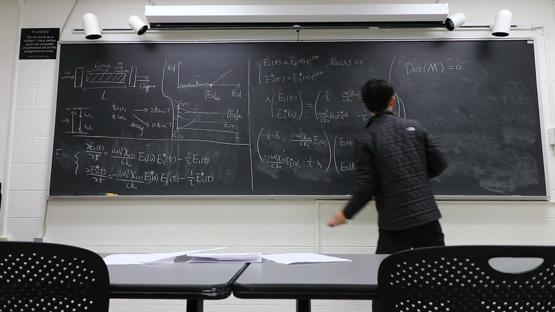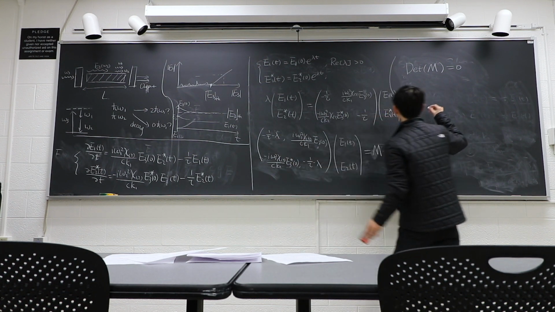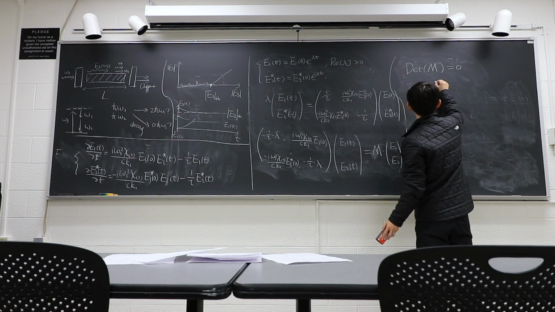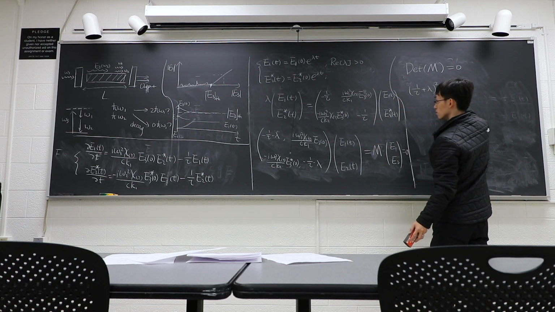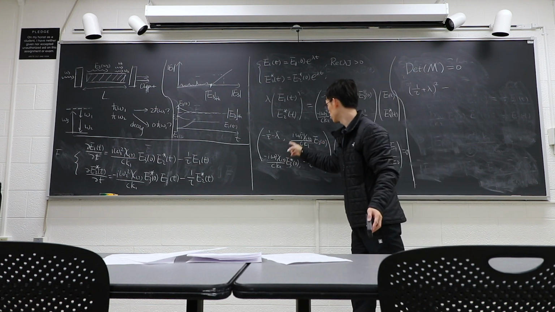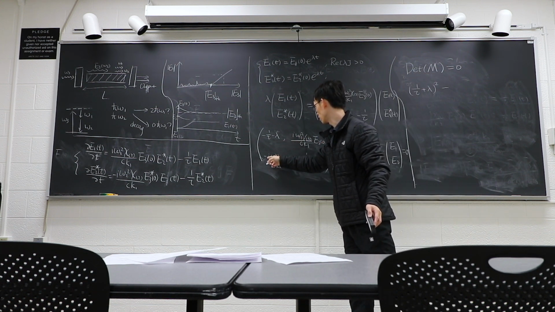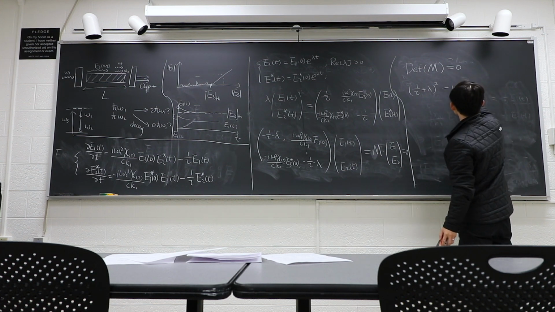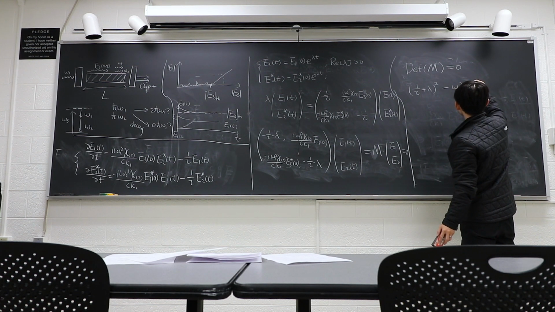This one is, you multiply this, minus this. This one, i squared is minus 1, so minus sign. Omega 1 squared omega 2.